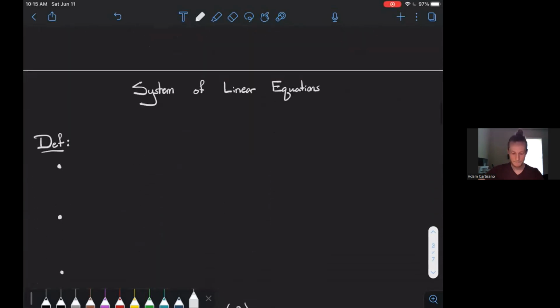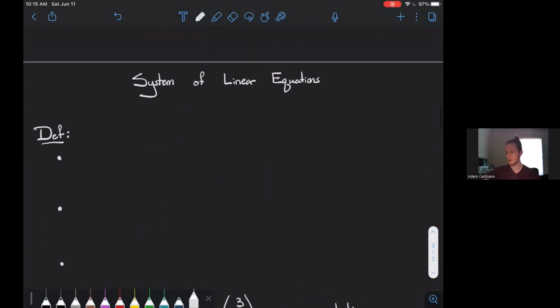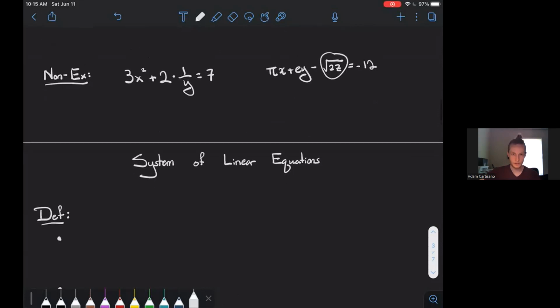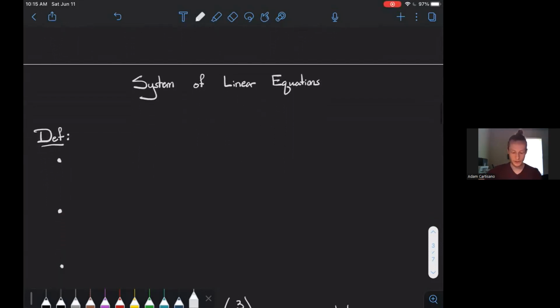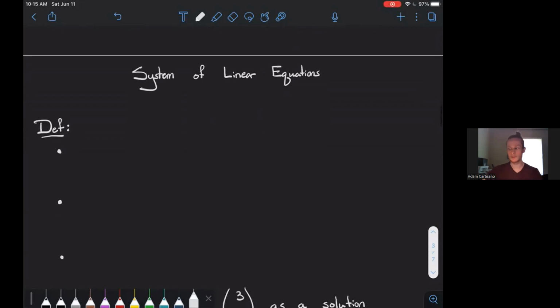Good. So now we know what a single linear equation is. Let's talk about a system of linear equations. I'll tell you the definition.